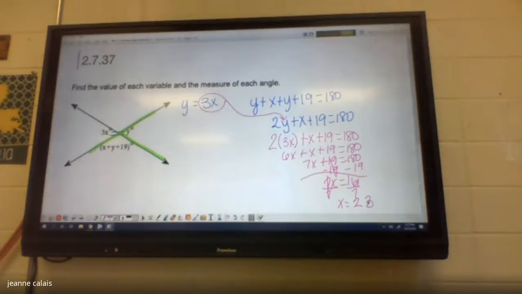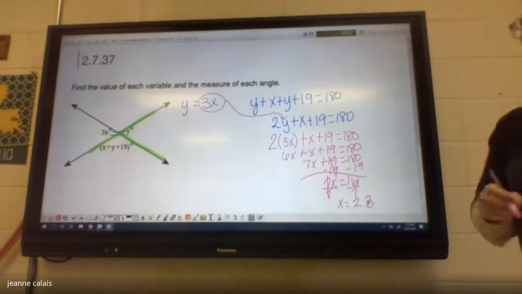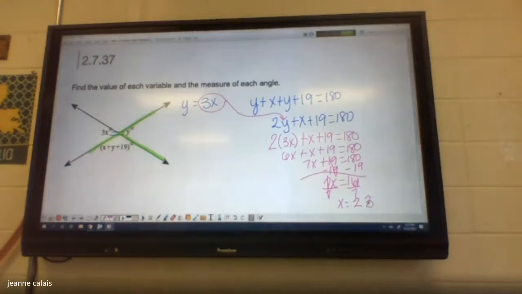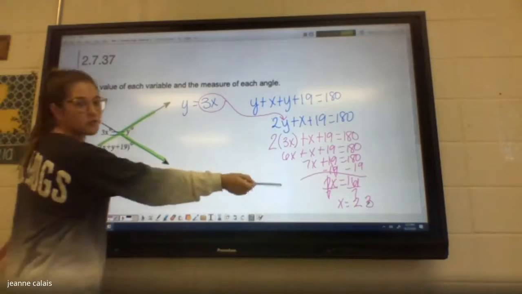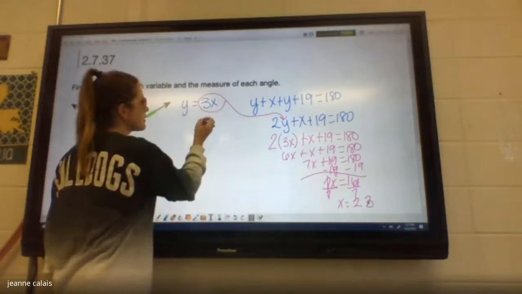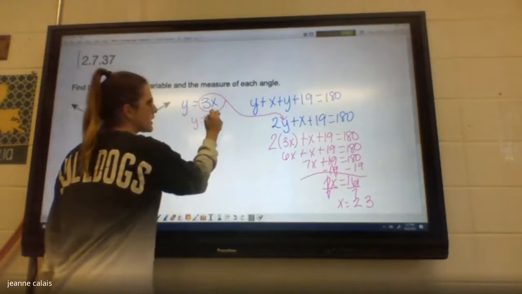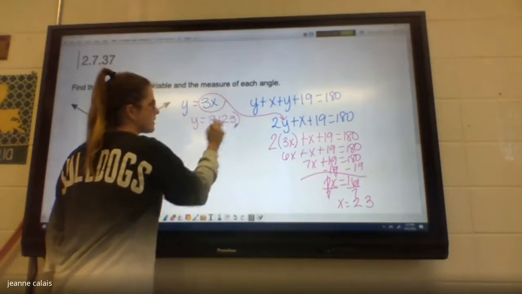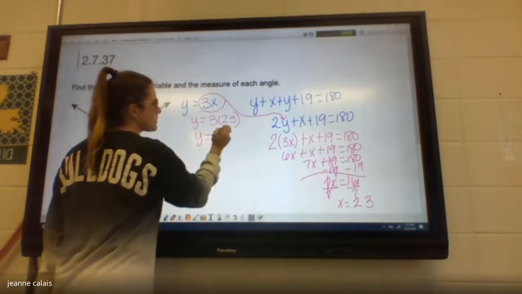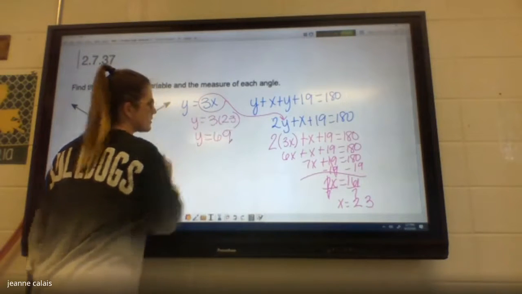All right, so 23 is the value of x. So now to find y, I'm going to take the value of x and plug it in here. So y equals 3 times 23. So y equals 69.